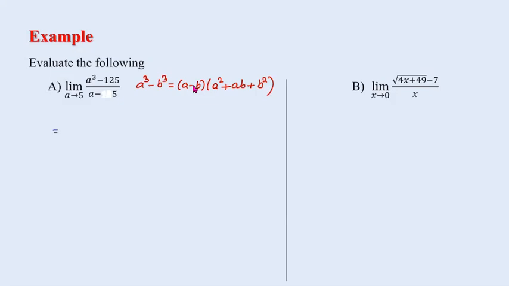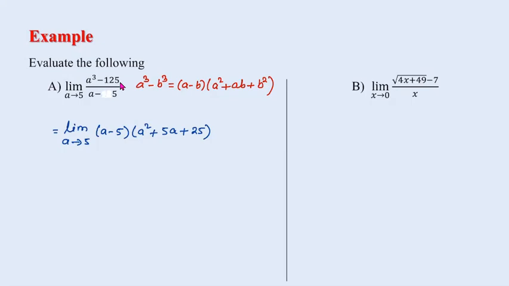So this is equal to the limit as a approaches 5. If we use the formula in the numerator, that will be (a minus b), or (a minus 5), times (a squared plus ab, and since a is a and b is 5, that will be 5a, plus b squared, 5 squared is 25), over a minus 5.